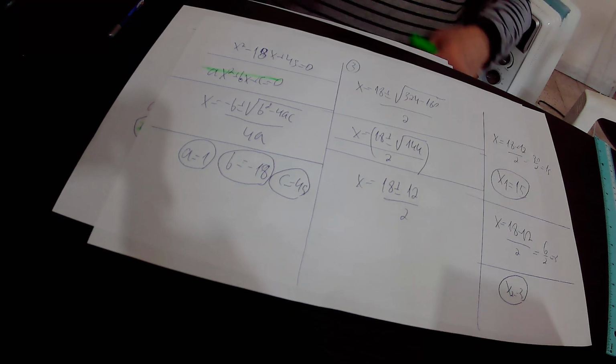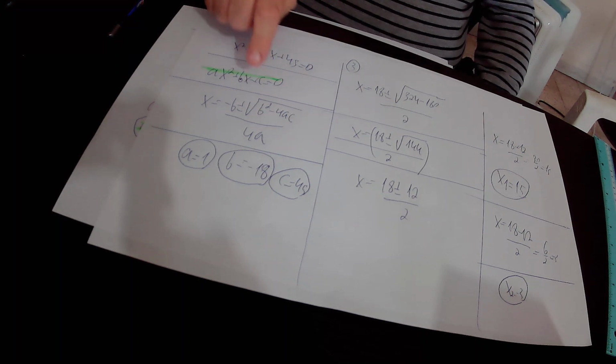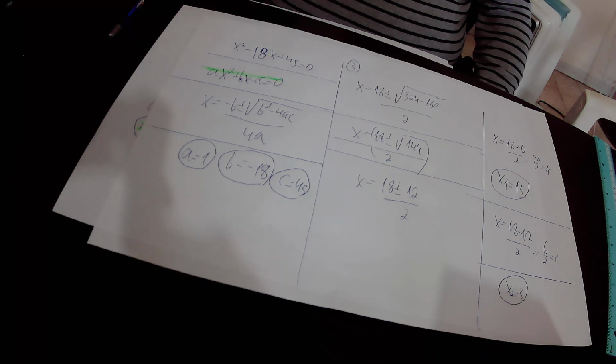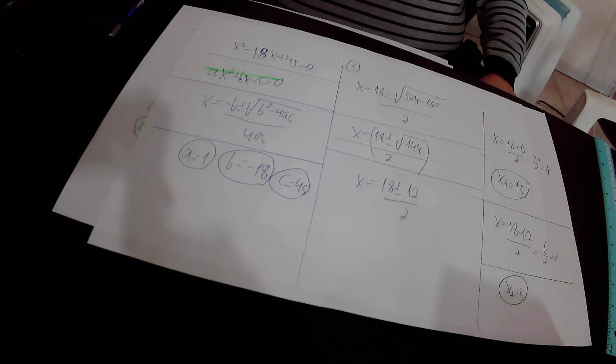Now we have to put the data into this formula in order to find the values of x. x is the radius of the quarter circle.